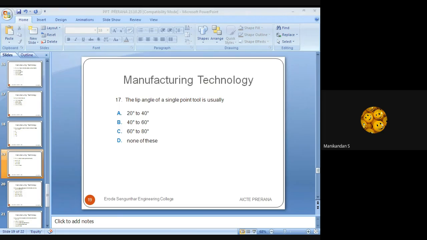So the lip angle is calculated as 90 minus back rake angle minus clearance angle, or else 90 minus back rake angle plus end clearance angle. Anyhow, I have to calculate the lip angle.